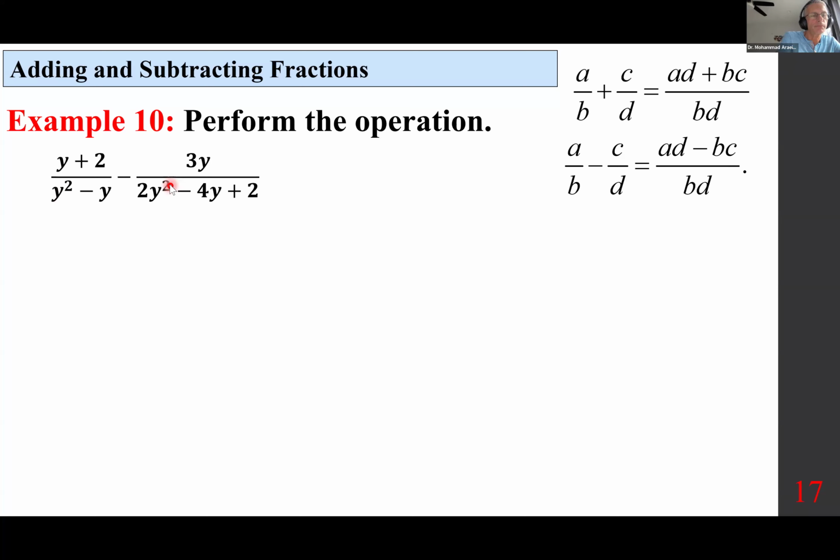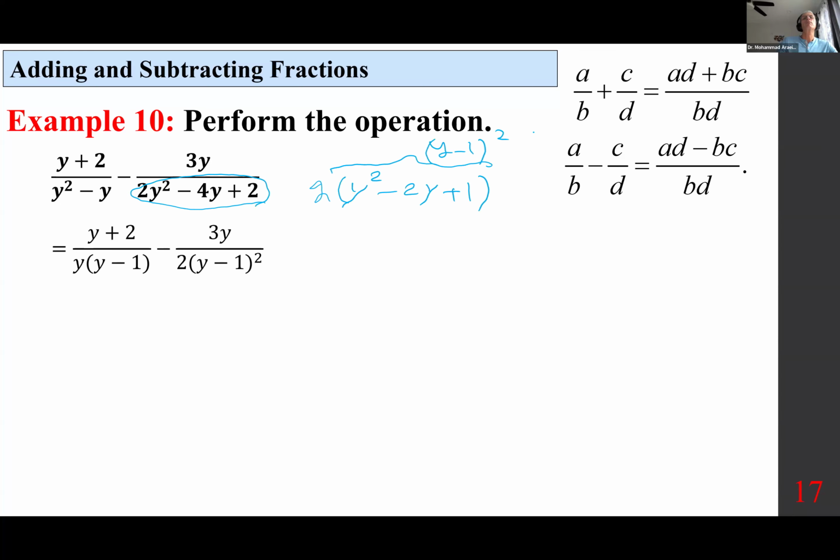This one is a 2 times y squared minus 2, 1 plus 1. And this is y minus 1 squared. So this is complete factoring.